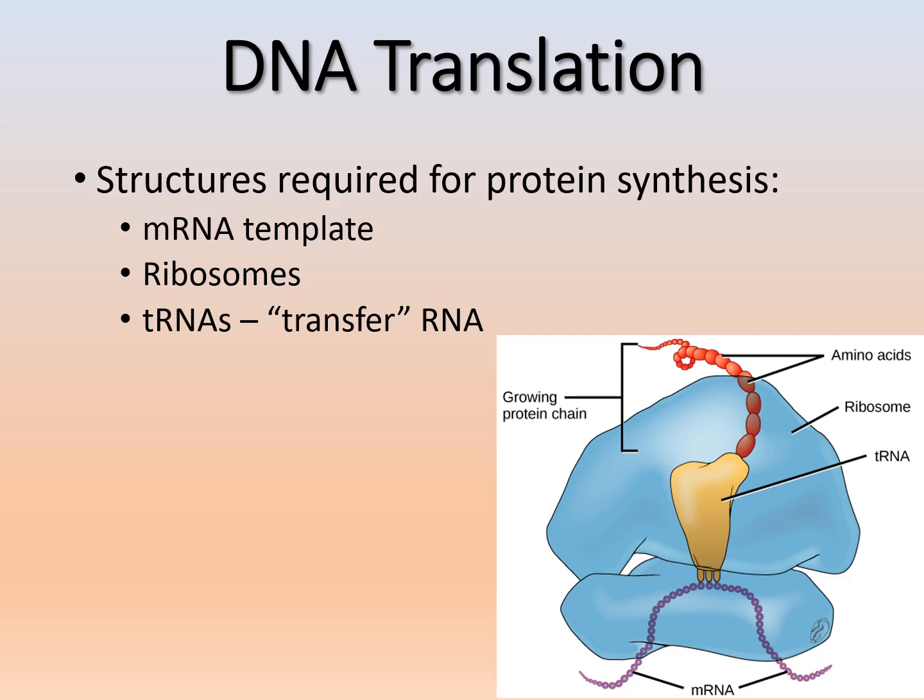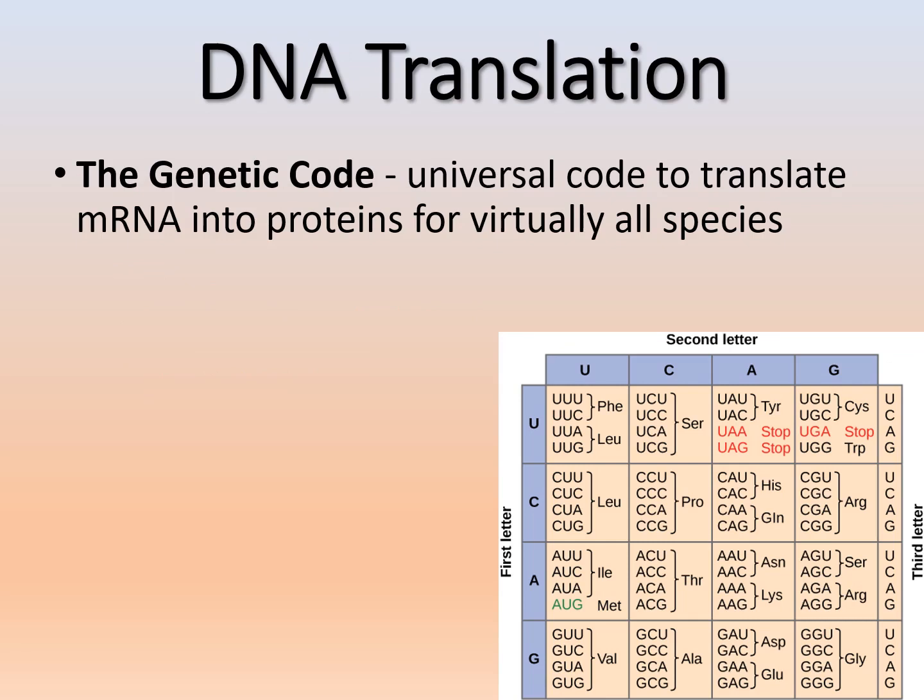And within that ribosome, we have what's called tRNAs, and these guys are transfer RNAs, and essentially they're the ones that are going to bring in the different amino acids, and we'll talk about that, and you can better understand it, I think, in the video as well. We also have other enzymes that are going to help us that we're not going to cover too much, but there are other enzymes that are involved in protein synthesis.